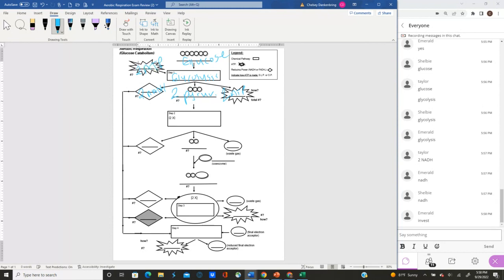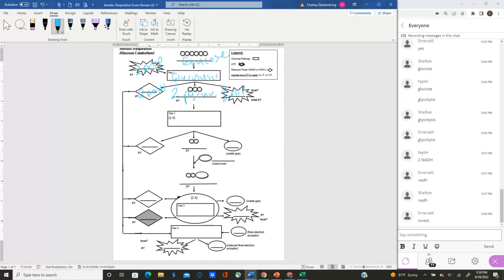So in order to get respiration started, the cell has to invest 2 ATPs, right? So during glycolysis, technically 4 ATPs are made, but because we have to pay off that debt of 2, we take away 2, okay?